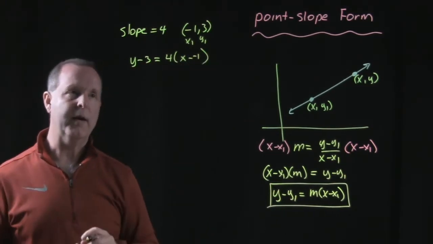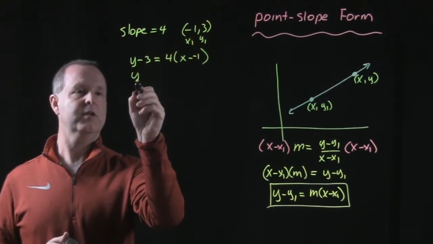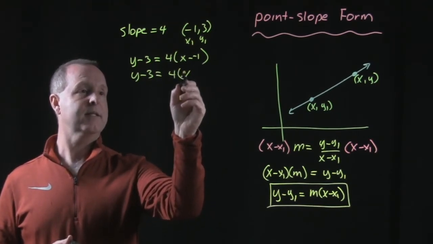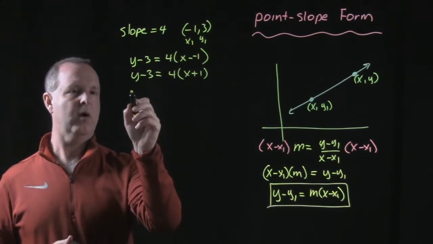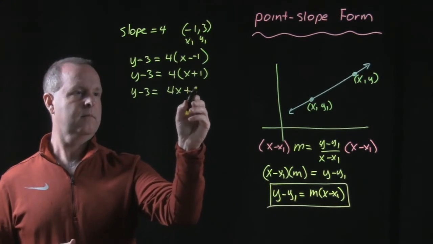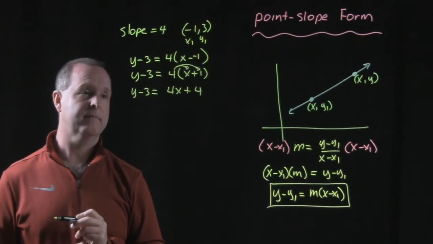And from there, we just clean it up and get it to where y equals. So let's just do it slowly. Y minus 3, 4. Let's do the parentheses first. That makes an x plus a 1. Let's multiply that 4 all the way through. Yep, I got to make sure this 4 is distributed to both of those numbers.